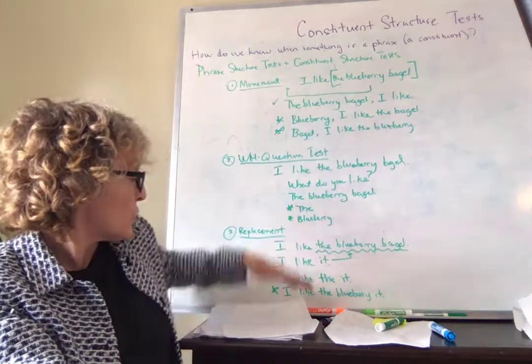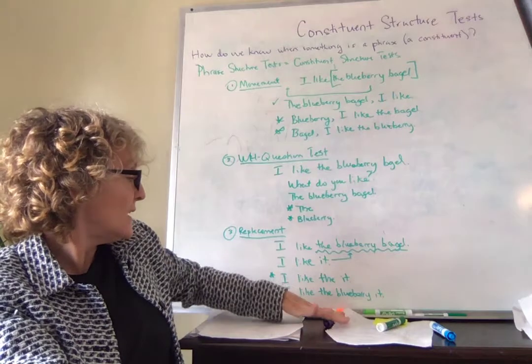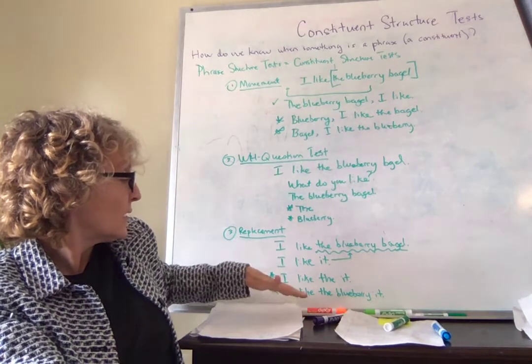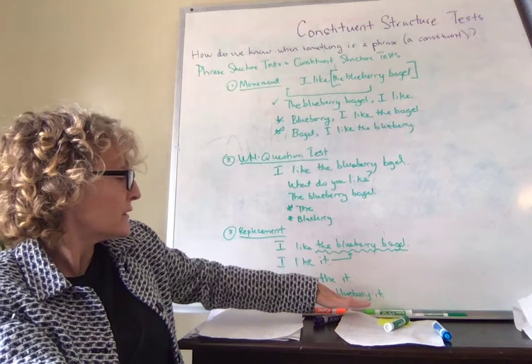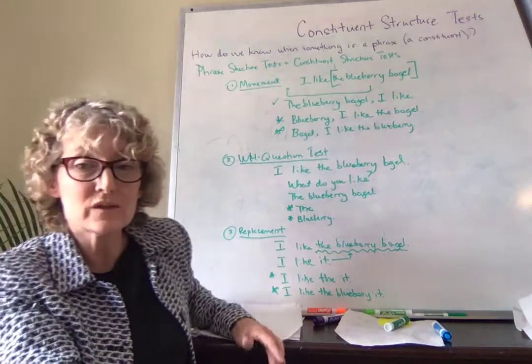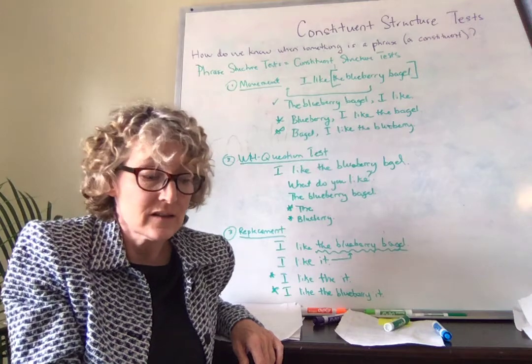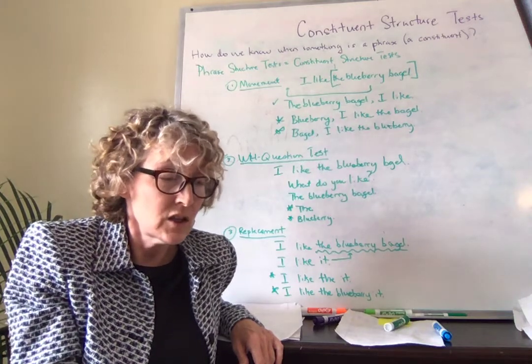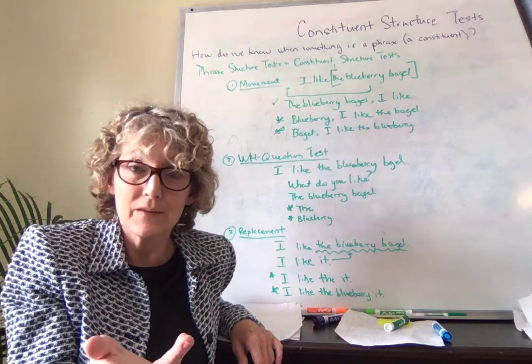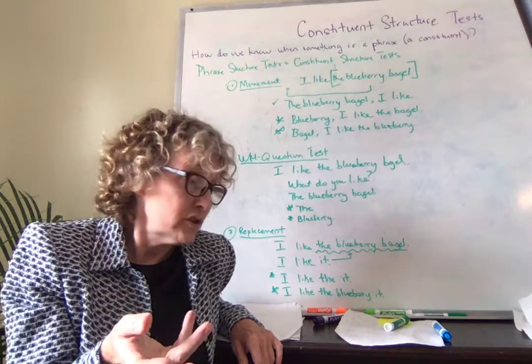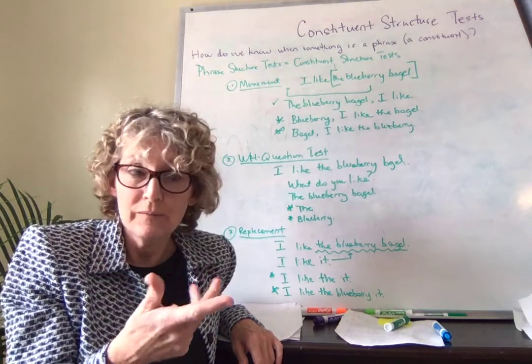Okay? So another way to do that would be if you have, "I like the blueberry it." It would make sense to say that in some context. Imagine that somebody is asking you out of the different types, what do you like that's blueberry?